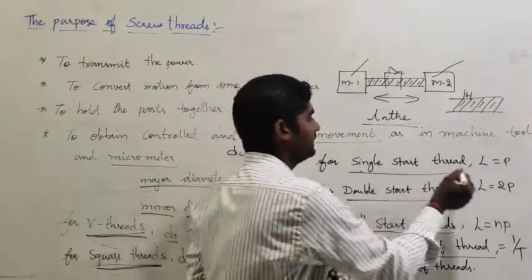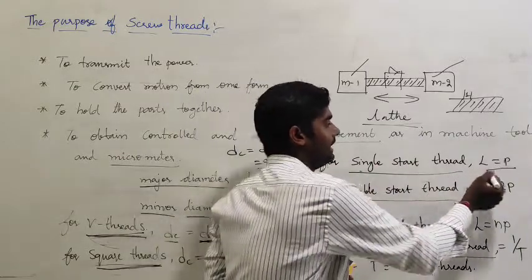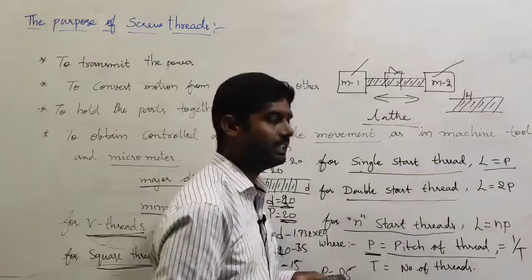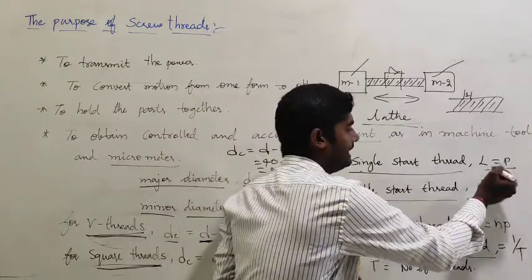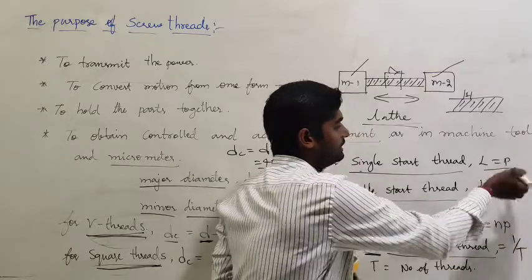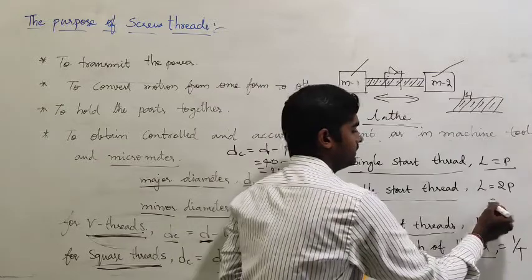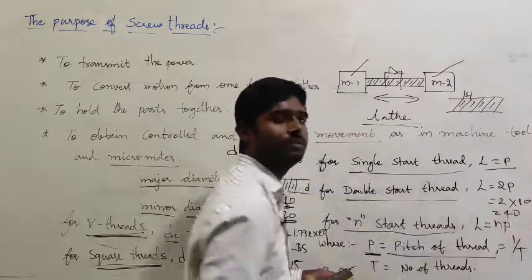In a single start thread, the lead L is equal to P. For a double start thread, L is equal to 2P. Let's say P is 20, then L equals 2 into 20, so L is equal to 40.